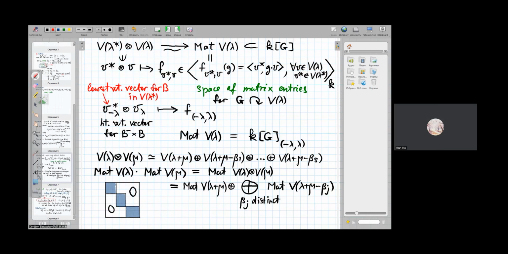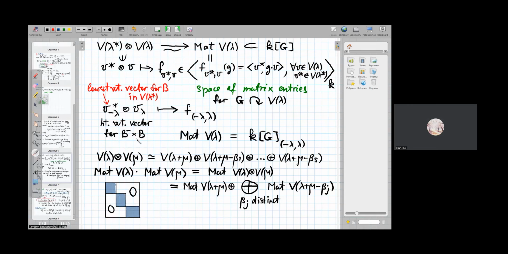And the lowest weight vector for B is the same as the highest weight vector for B minus. So there is no algebraic information about the highest weight in V lambda star, just an involution.